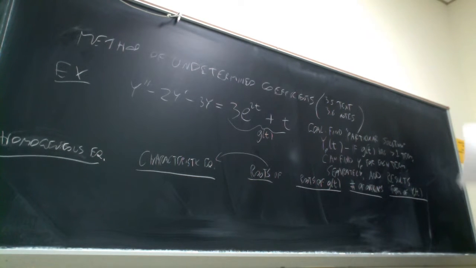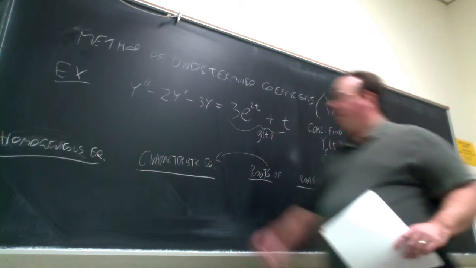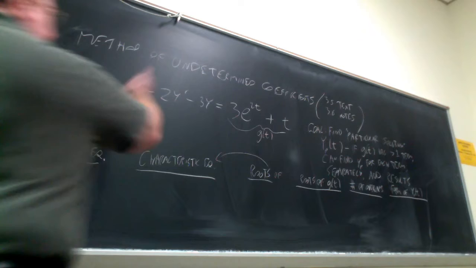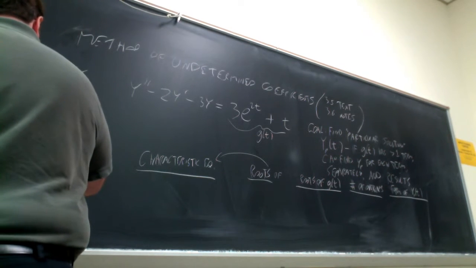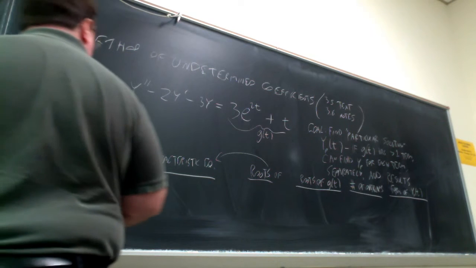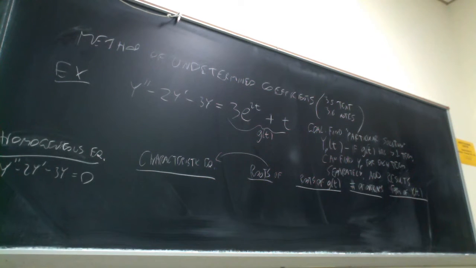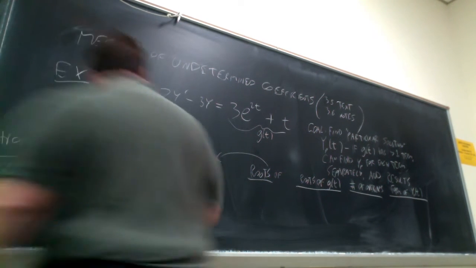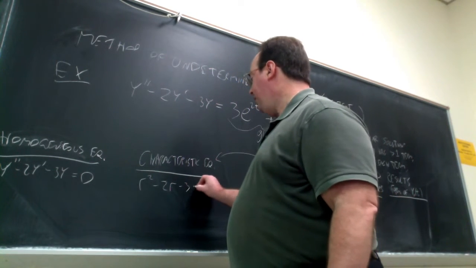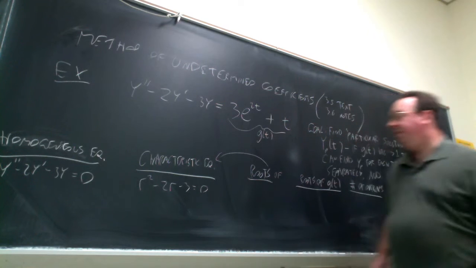Okay, so I'm going to fill in this chart for these two cases. So a homogeneous equation is just the DE that you're given with 0 on the right-hand side. Okay. And then from there you get the characteristic equation. So r squared minus 2r minus 3 is equal to 0.